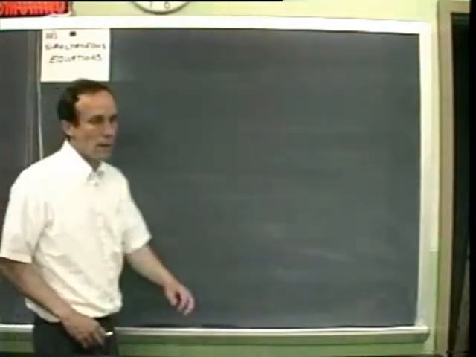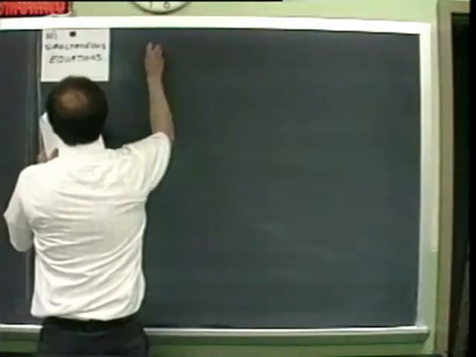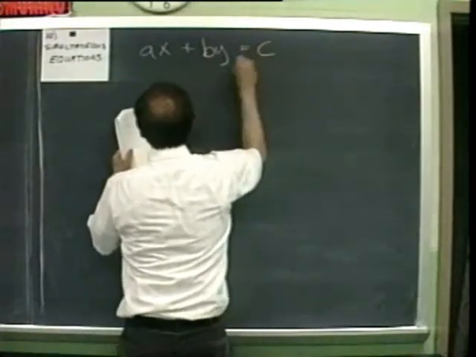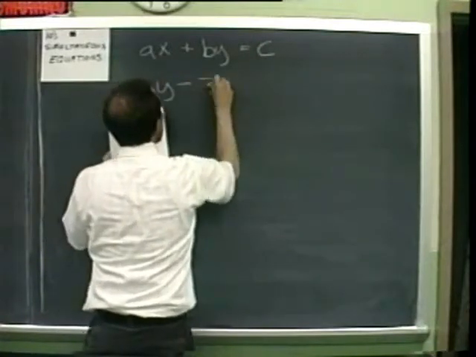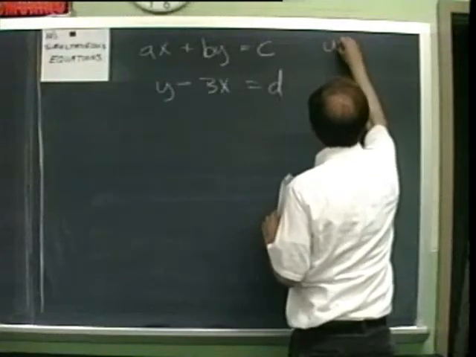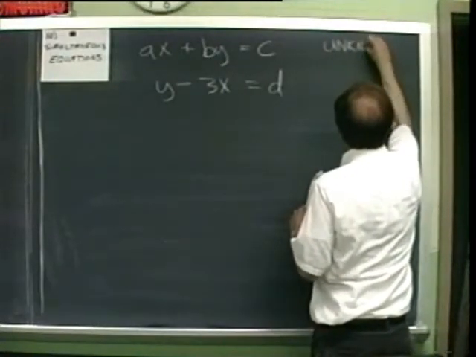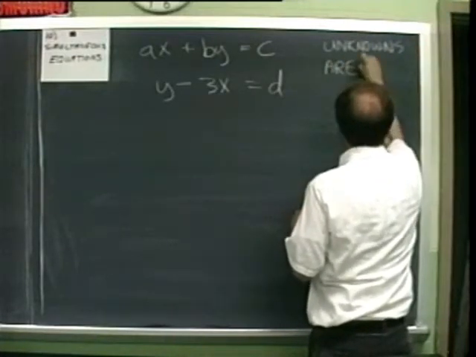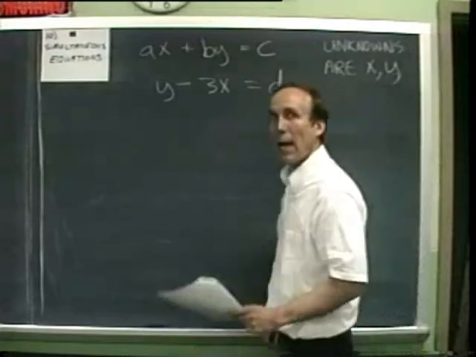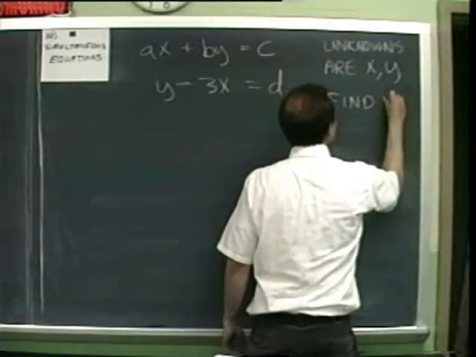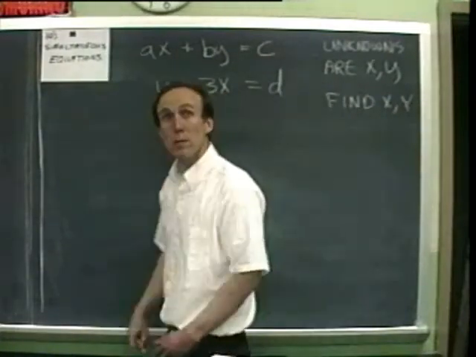As an example of a pair of simultaneous equations, let's try ax plus by equals c, and y minus 3x is equal to d, where the unknowns, or the variables, are x and y, and our goal is to find x and y in terms of known stuff.